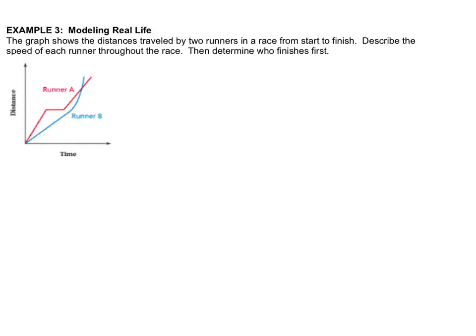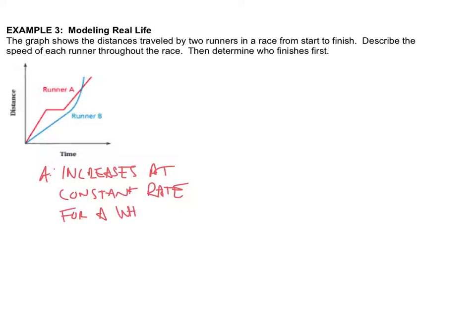All right, so let's just look at runner A. Okay, so increases speed at a constant rate for a while.